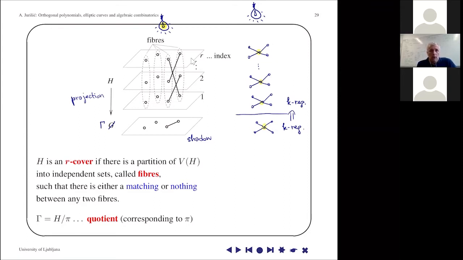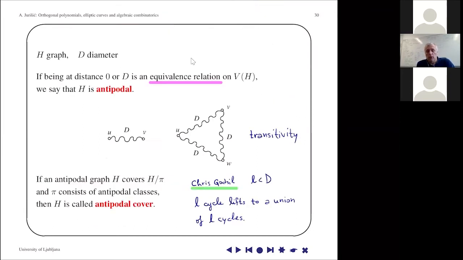Okay, so this R is called the covering index, and we'll study special kinds of covers, and these are the antipodal graphs. What I need in the antipodal graph is that, suppose we start with a graph of diameter d, being at distance 0 or diameter of the graph is an equivalence relation.